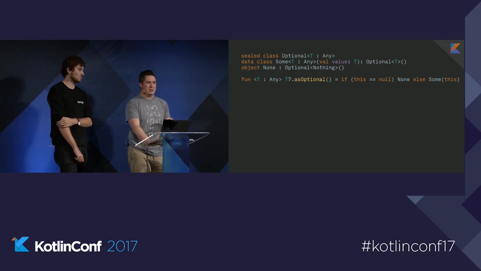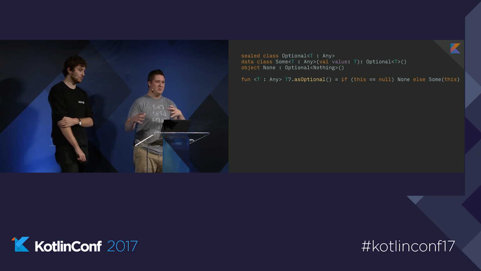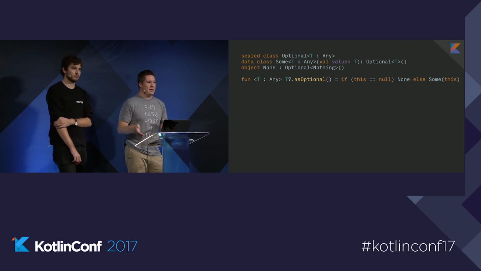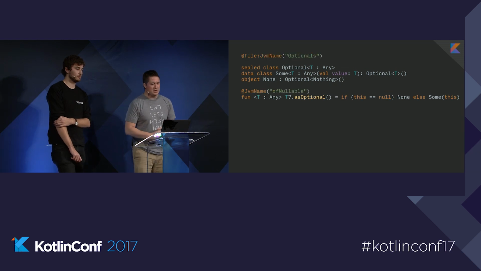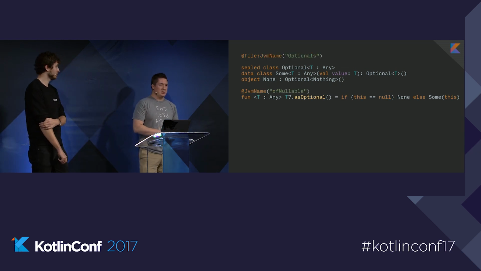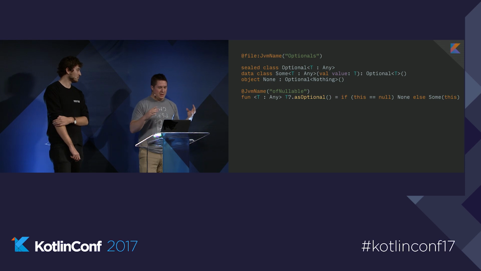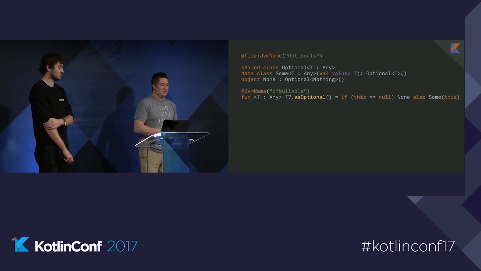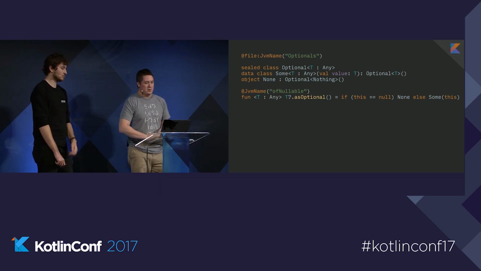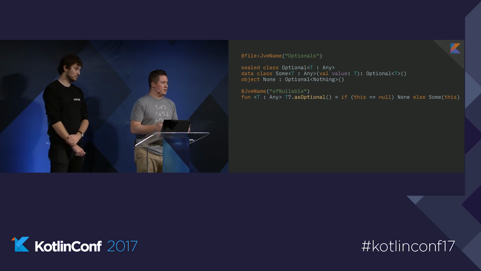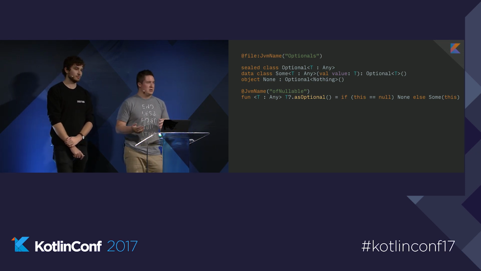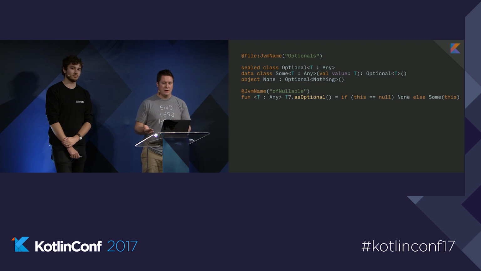As a top-level function, it's going to be moved into a separate class with a name that reflects the file name that it's defined in. We can, of course, work around that with an annotation and turn that separate class into something named more appropriately. And we can also change the name of the function itself to feel more correct for the calling style in Java.